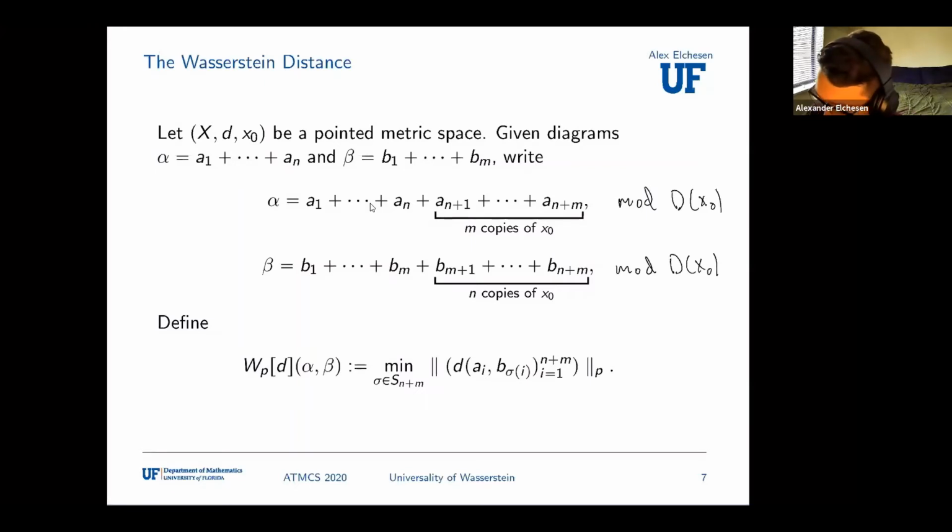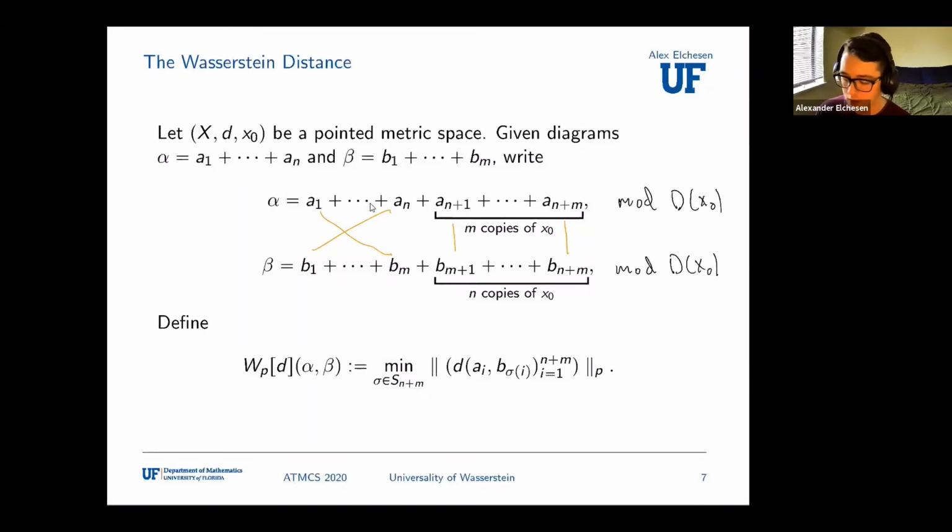So it should look very familiar to how we normally define the Wasserstein distances. You're just finding some bijection between the summands of alpha and beta, and then you're defining this cost by looking at the distance and taking a p-norm, and then you're minimizing over all possible bijections or matchings.